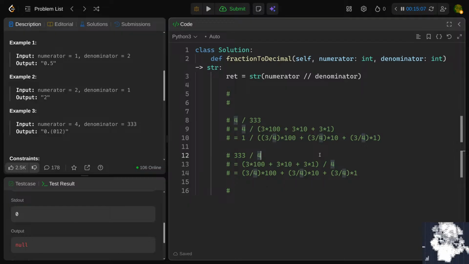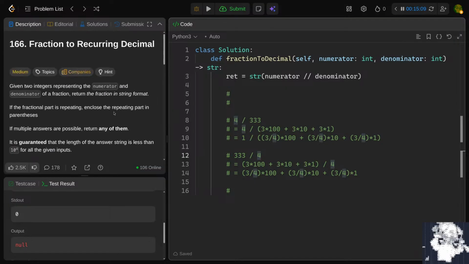All right, we're on our journey to invent division. Yeah, I can't just distribute.